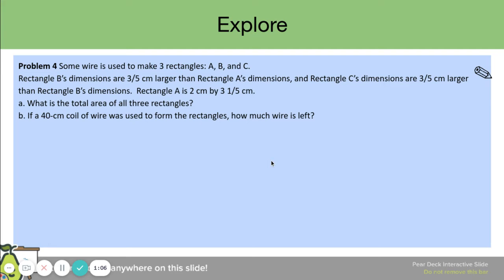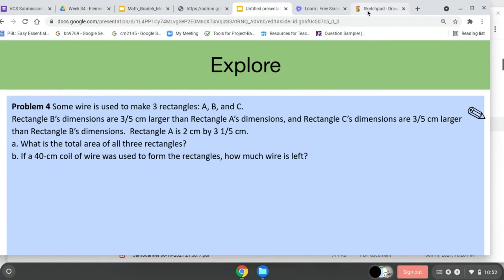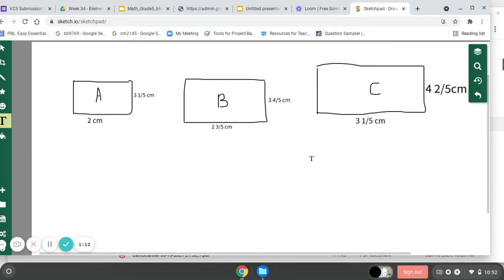So I'm just going to switch screens really quick. And I want to pull up those three rectangles that we found the dimensions to in the previous video. So just to recap, we have rectangle A with a length of 2 centimeters, a width of 3 1/5 centimeters. I keep calling these triangles.